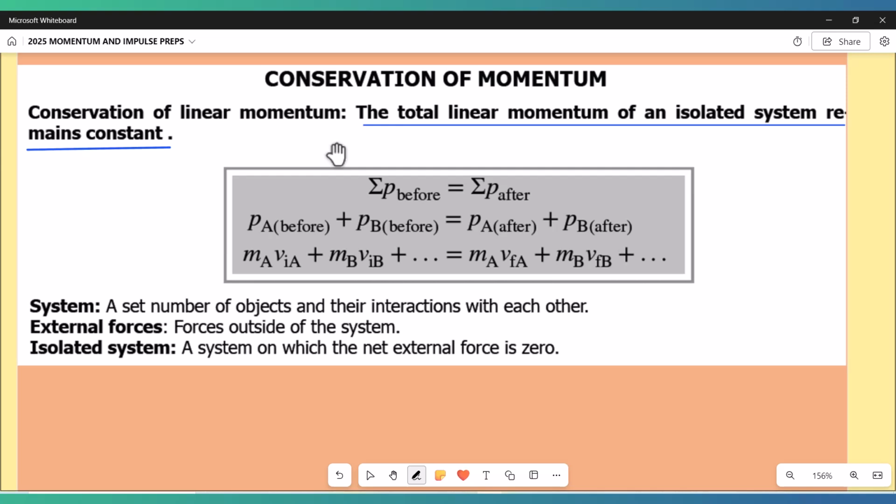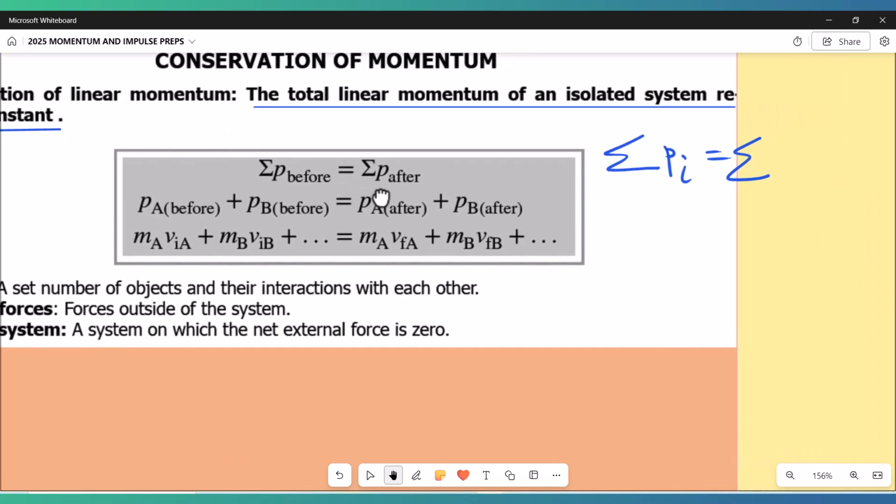Now, if we don't want to use these words, this is how we say it in our formula. The total momentum, that means the summation of the momentum initially, equals the total momentum after. That's why we say here it is P final. Note that here the objects are colliding, so we are going to have object A and B. The momentum of A before plus the momentum of B before equals the total momentum of A after plus the momentum of B after.